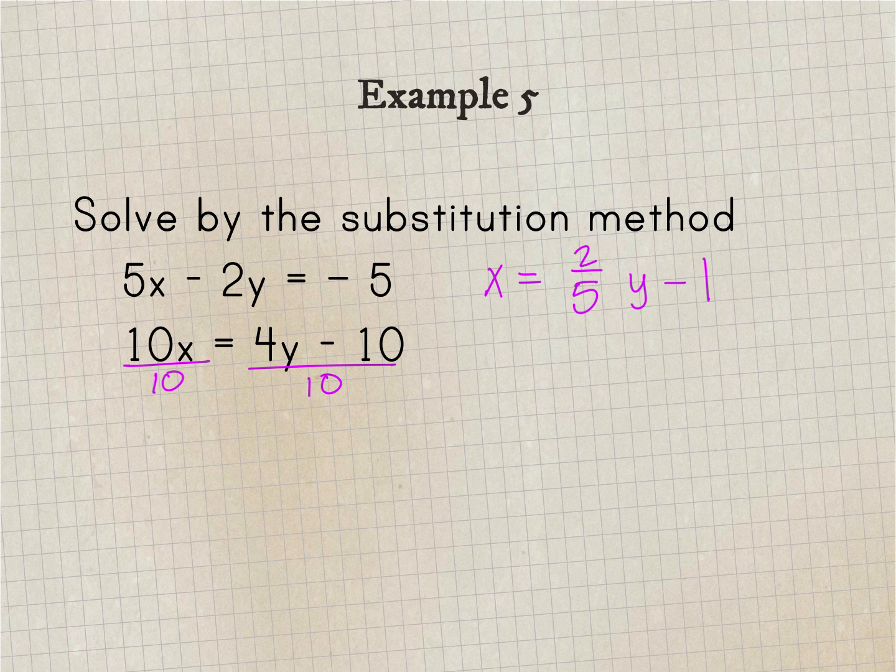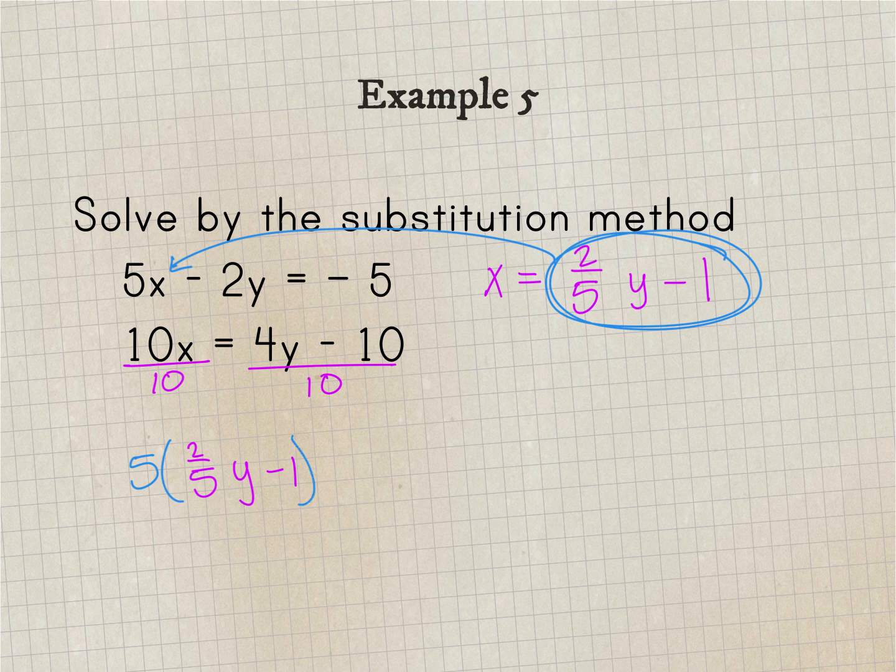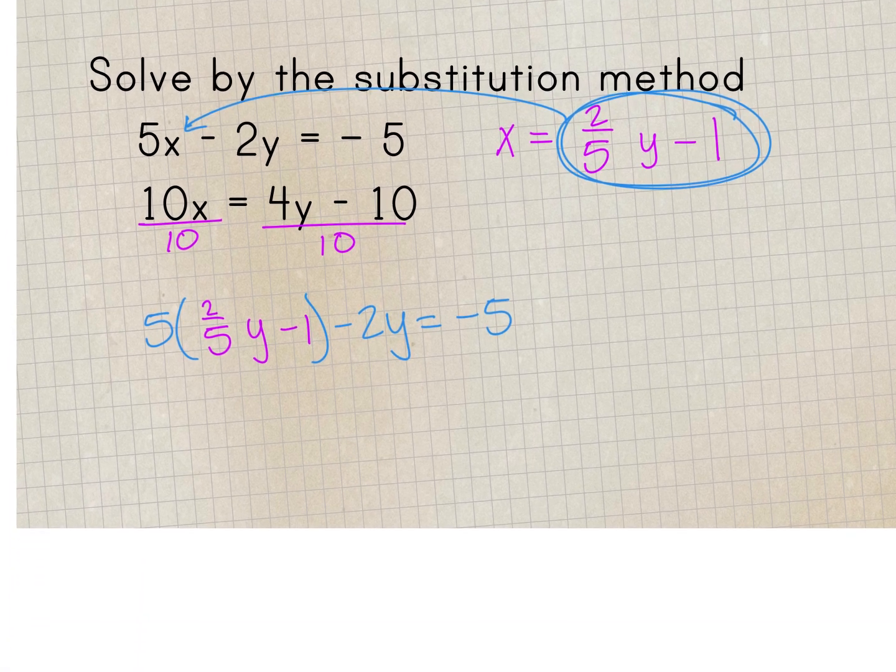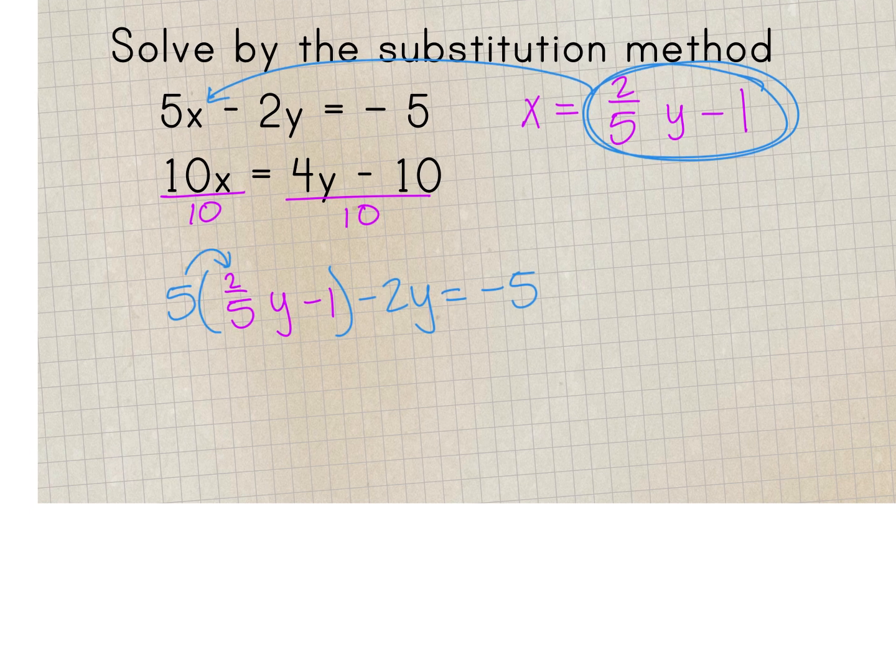And because I have x, I'm going to go ahead and take it and plug it into my x. So now I'm going to have 5 times 2 over 5y minus 1 minus 2y equals negative 5. And then going ahead and solving for y.